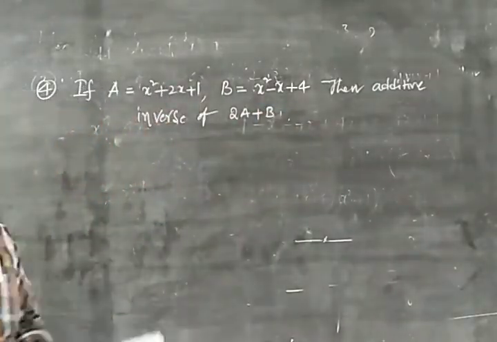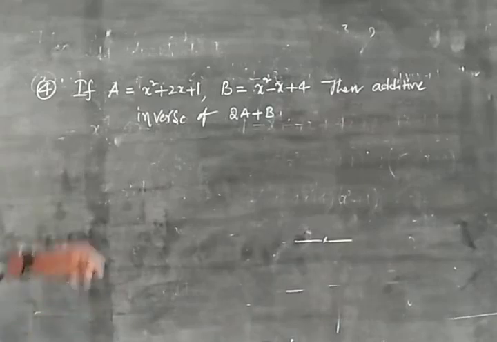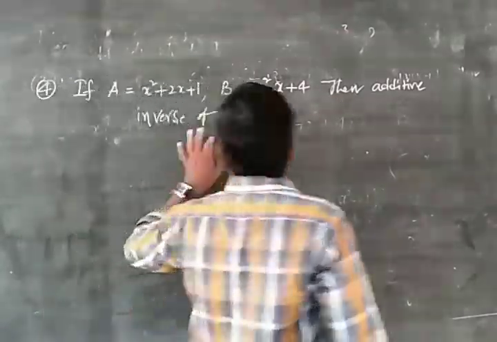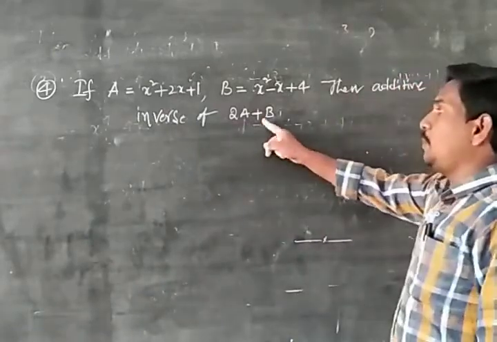A and b are given, and we have to find the additive inverse of 2a plus b.